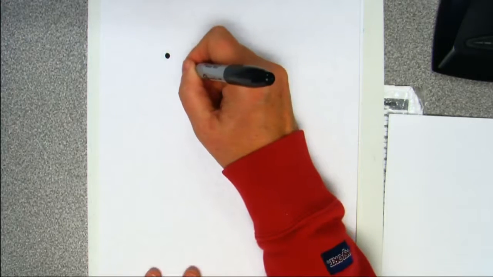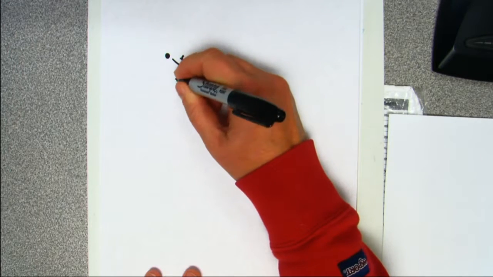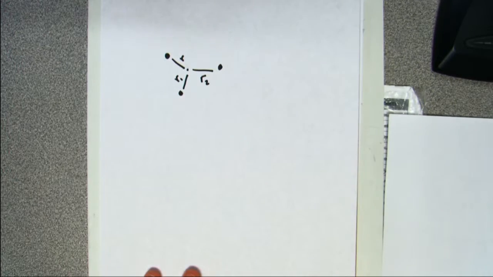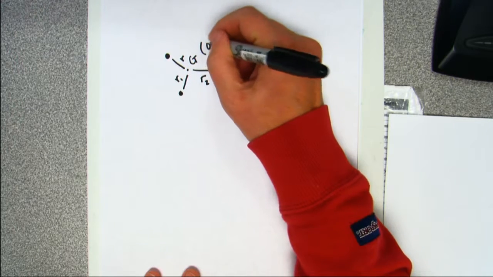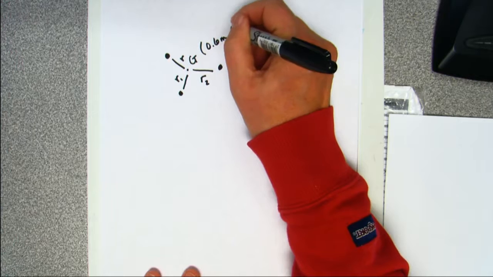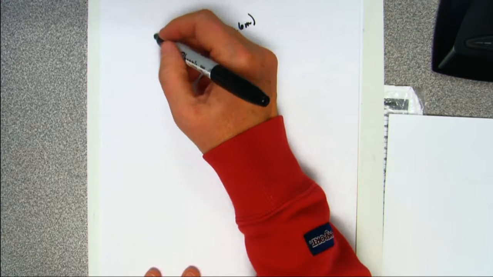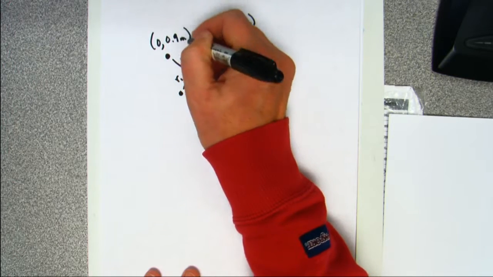I can also look at it in terms of this is an R, this is an R, this is R1, and this is R2. And we know how to calculate this. So let's say we found our center of gravity, and our center of gravity is located at 0.6 meters and 0.6 meters. And this is positioned at 0 and 0.9 meters.